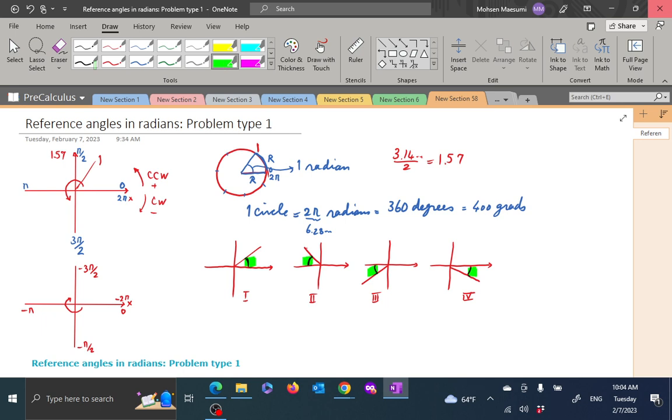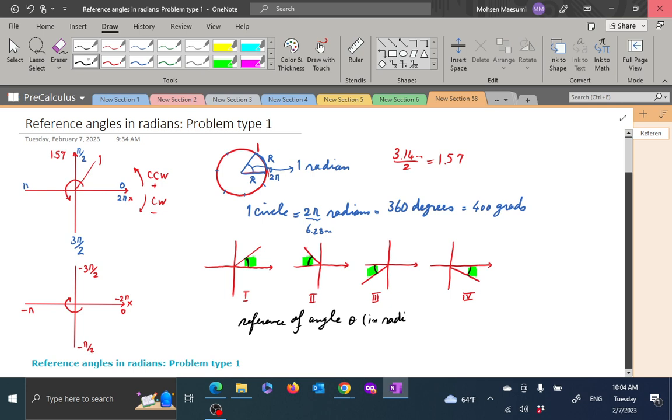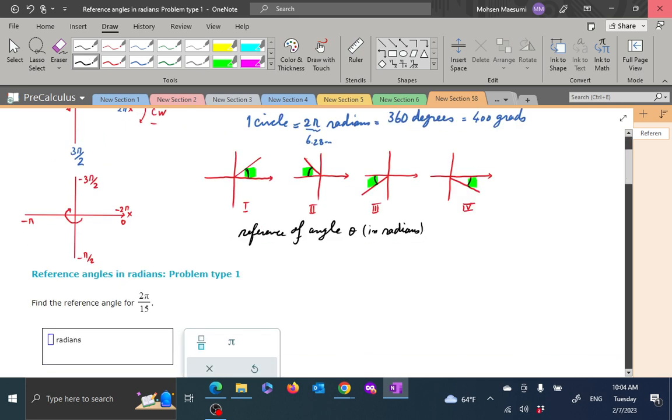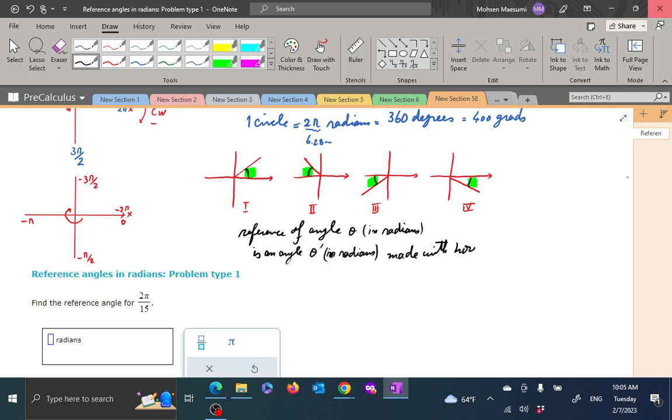If you are dealing with radians, the reference angle of an angle theta, which is given to us in radians, is an angle theta prime, again in radians, made with the horizontal line.